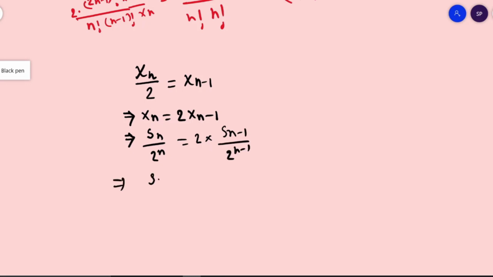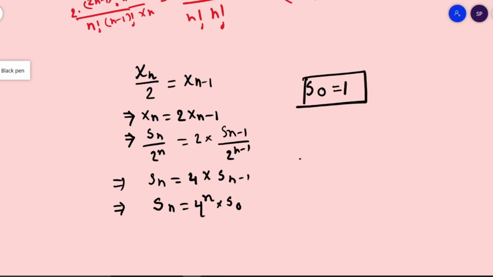So Sn equals 4 times S of n minus 1. This is a GP series, so Sn equals 4 to the power n times S of 0. Now S of 0 is 1. So we can say that S of n is equal to 4 to the power n.